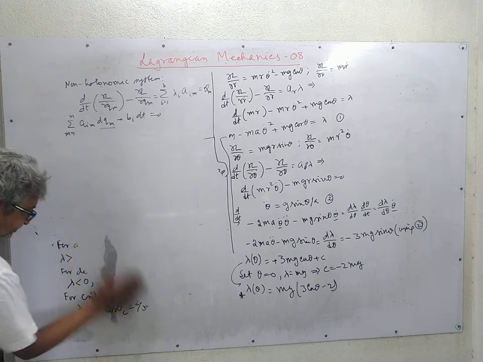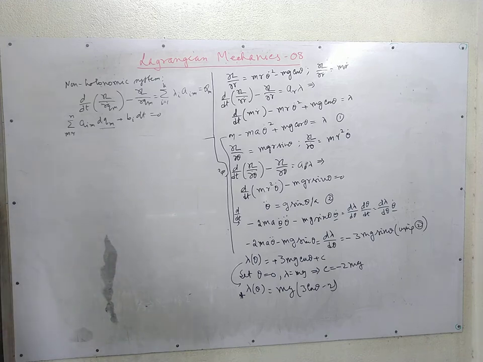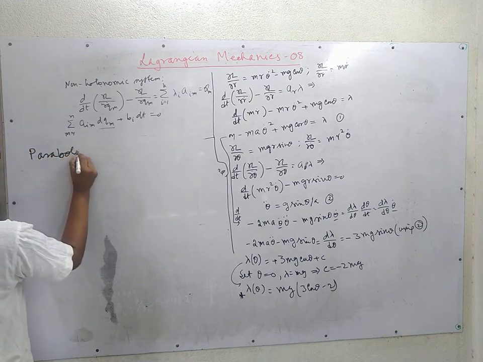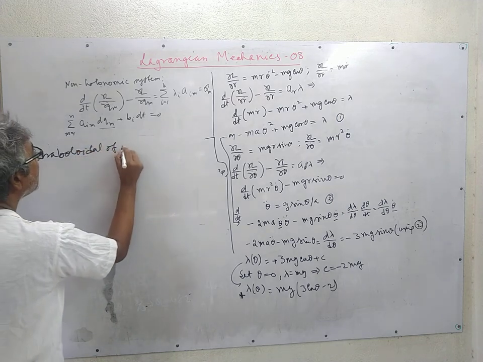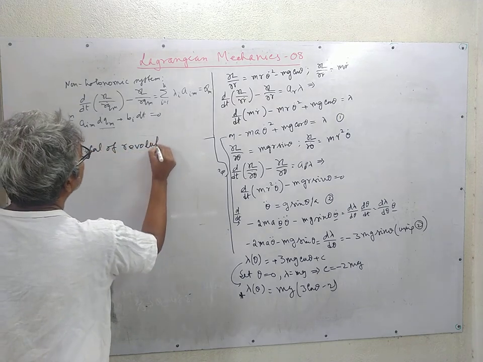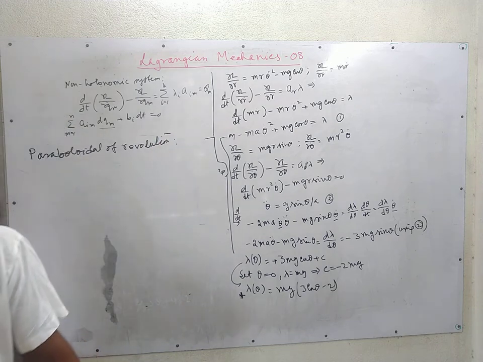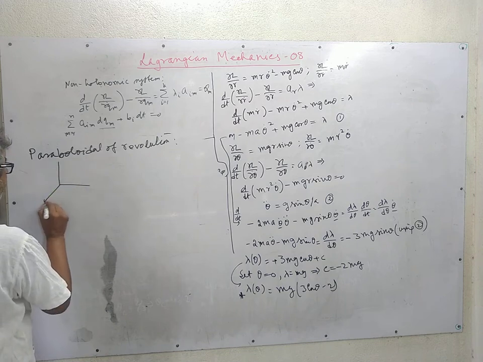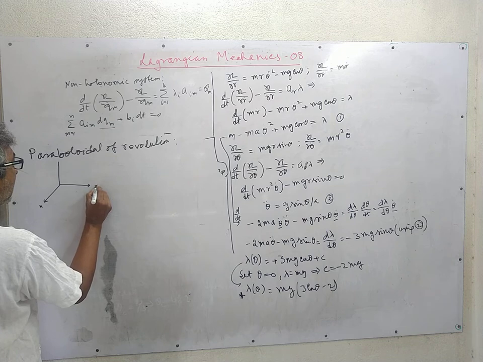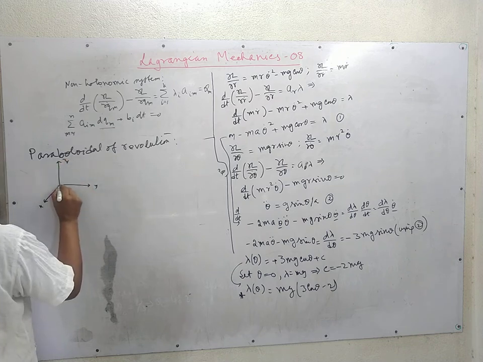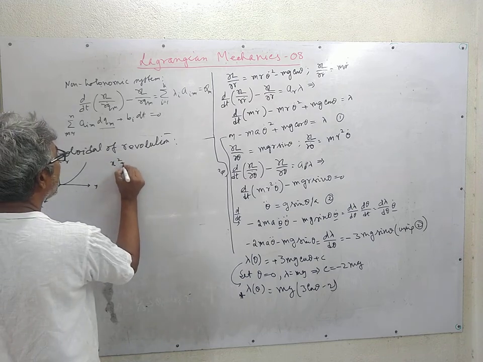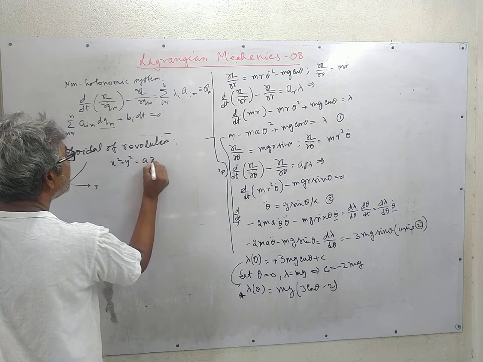So we consider a particle on the surface of a paraboloid. The paraboloid of revolution is like this, and the equation is x² plus y² is equal to az.